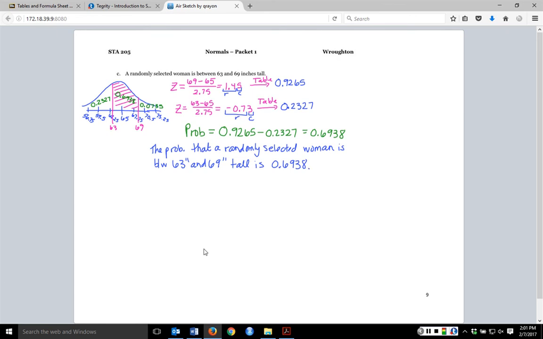Or, again, if you want to do the percentage, 69.38%. Now, I don't care if you do percentages or decimals, that doesn't matter to me.